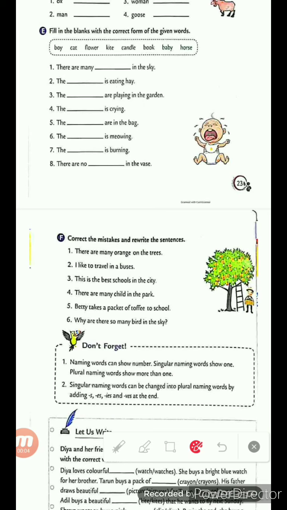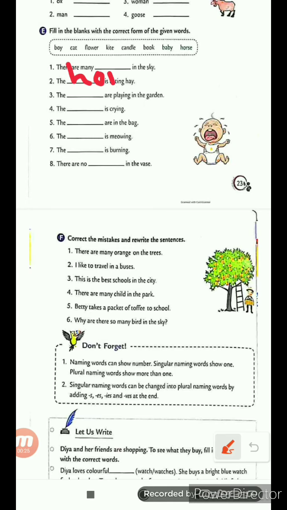That means it is singular. So we are going to write here horse. The horse is eating hay. H-O-R-S-E, horse.